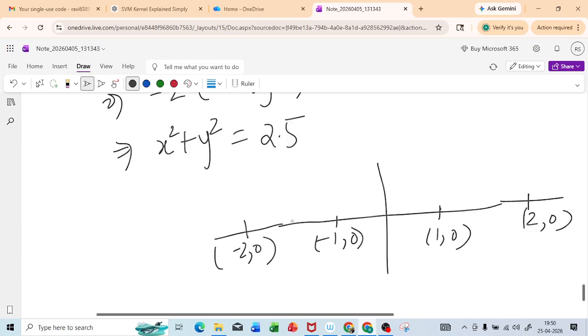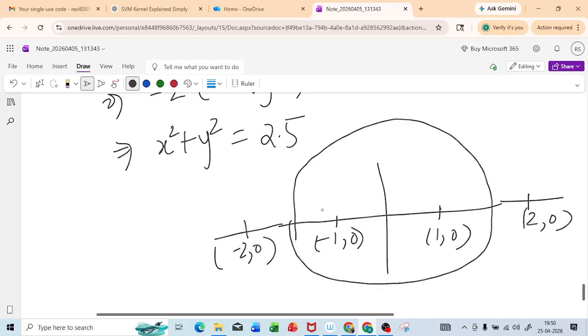That is, this specific circle can be used to classify and segregate these points. This belongs to the minus 1 category, and this belongs to the plus 1 category.